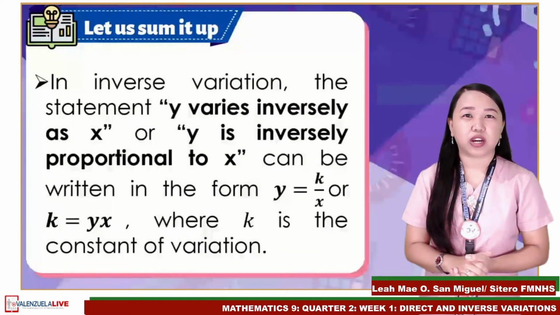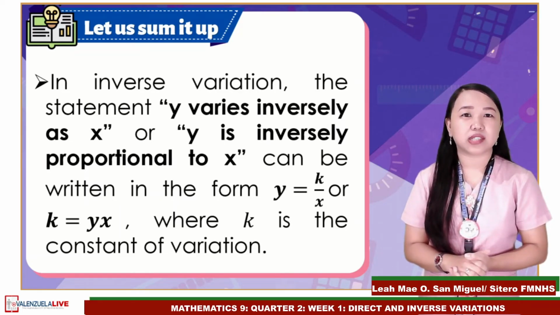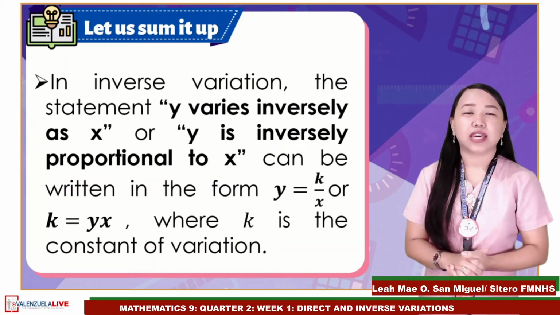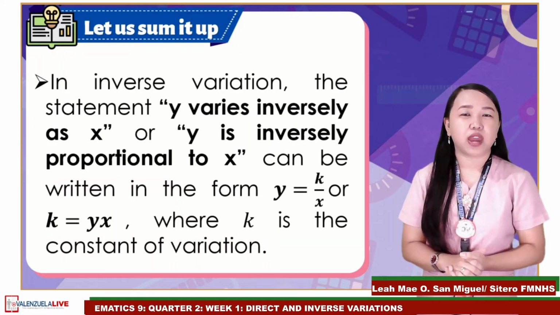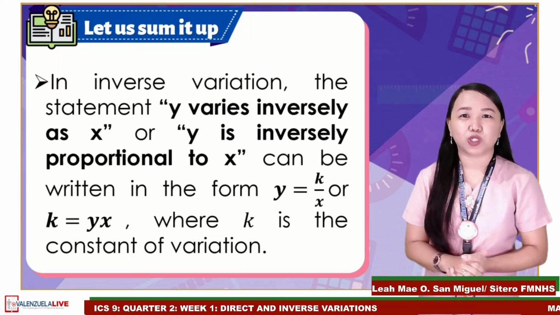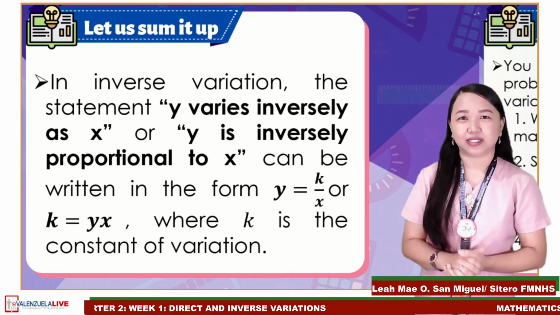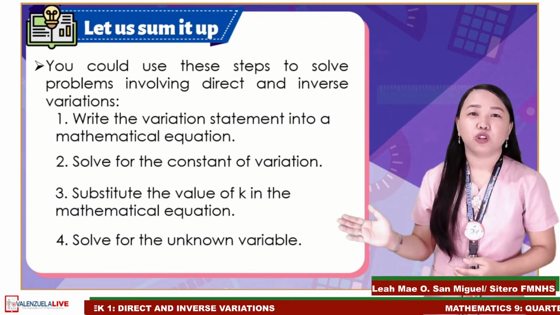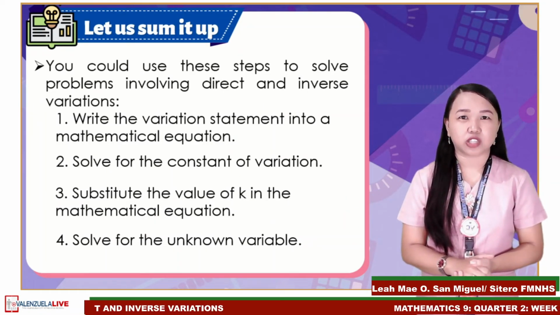In inverse variation, the statement y varies inversely as x or y is inversely proportional to x can be written in the form y is equal to k over x or k is equal to yx, where k is the constant of variation. You could use these steps to solve problems involving direct and inverse variations.